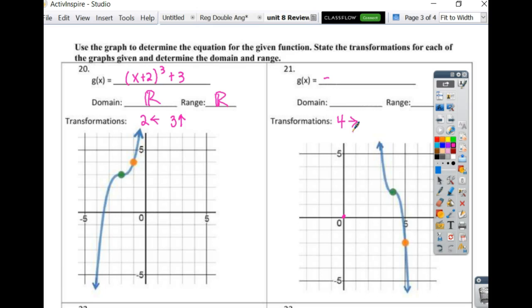Look, the origin's right here, so it went this way. I was looking at this line. I don't know what that line is. So look, this is the origin right here. So it moved this way, and up how many? 2. And then it's a reflection.